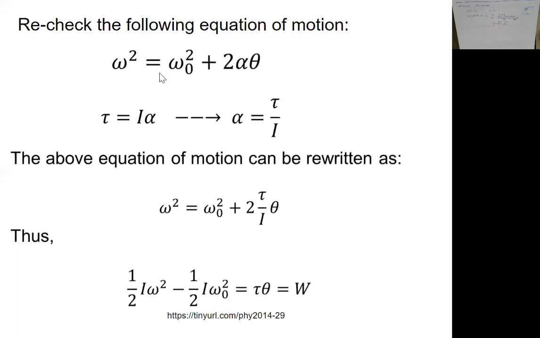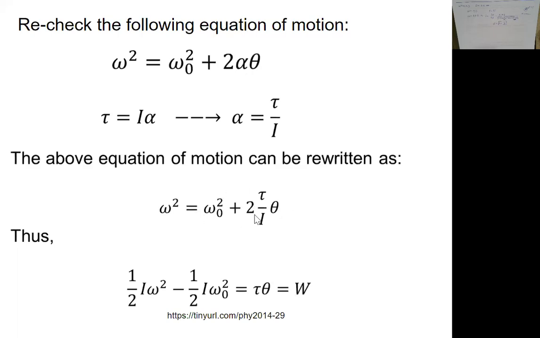But this time, because we are in rotational motion, we look at omega squared, angular velocity squared, equals initial angular velocity squared plus 2 times angular acceleration times theta. In combination with the second law in rotational motion, we rewrite alpha equal to tau over I, and replace alpha with this expression. So then this equation becomes this.